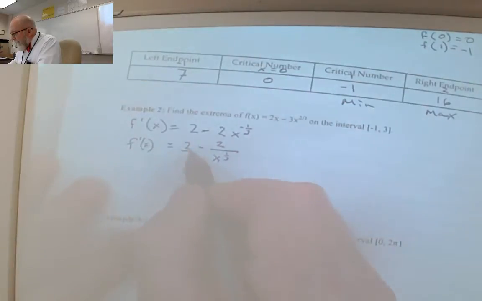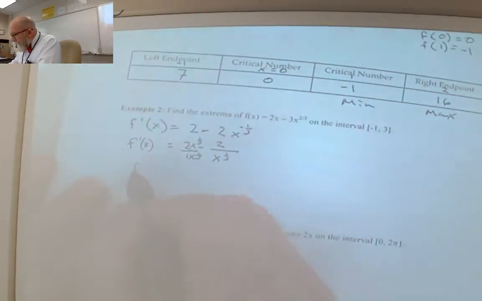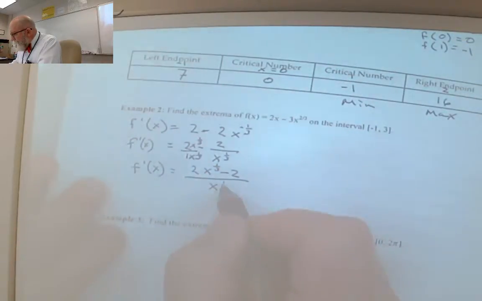So this is over 1. So I'm going to have to multiply this by x to the 1/3, and I'm going to have to multiply this by x to the 1/3. Would you agree? So my derivative is 2x to the 1/3 minus 2 over x to the 1/3.